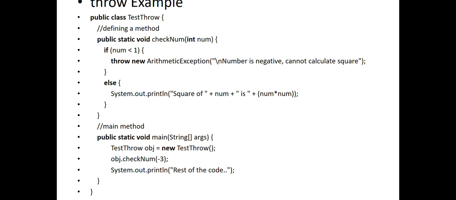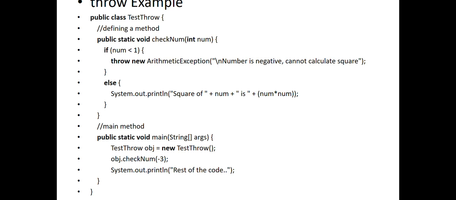In this program I want to calculate the square of num, but if the number is negative, then I want to throw an exception saying the number is negative and we cannot calculate the square. So for the checkNum method I am passing one parameter, integer num, which is taken from the user.